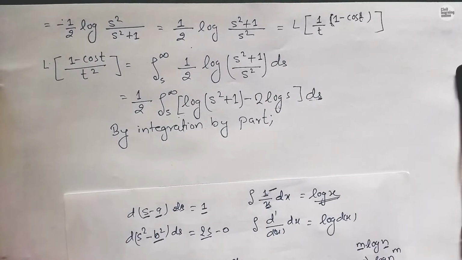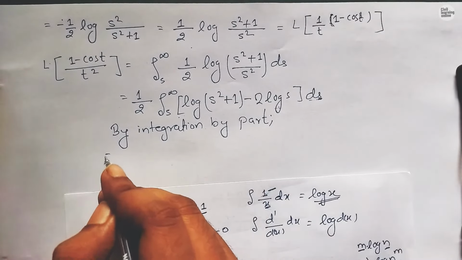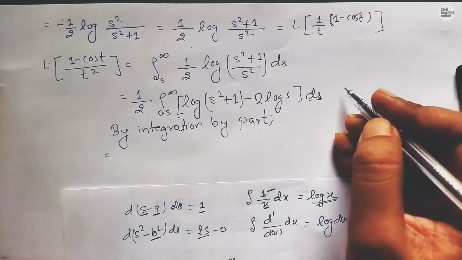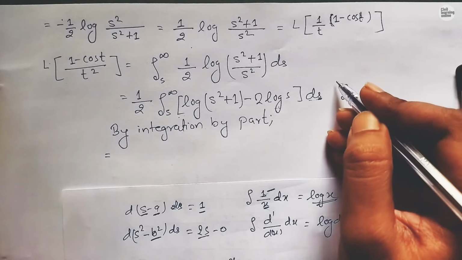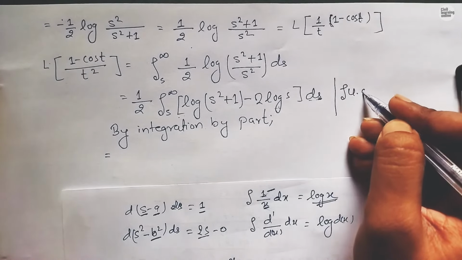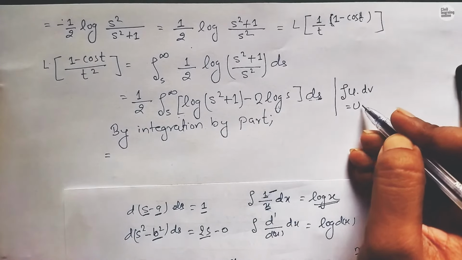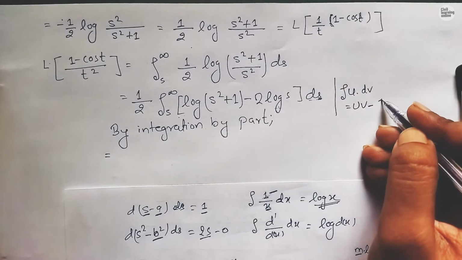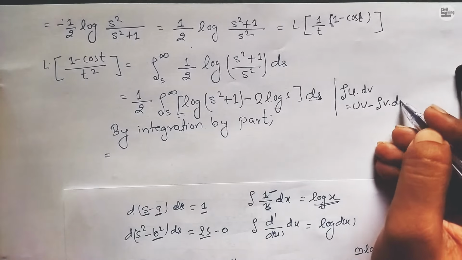Now use this formula here, what I wrote here: integration of u times dv equals u v minus integration of v times du.